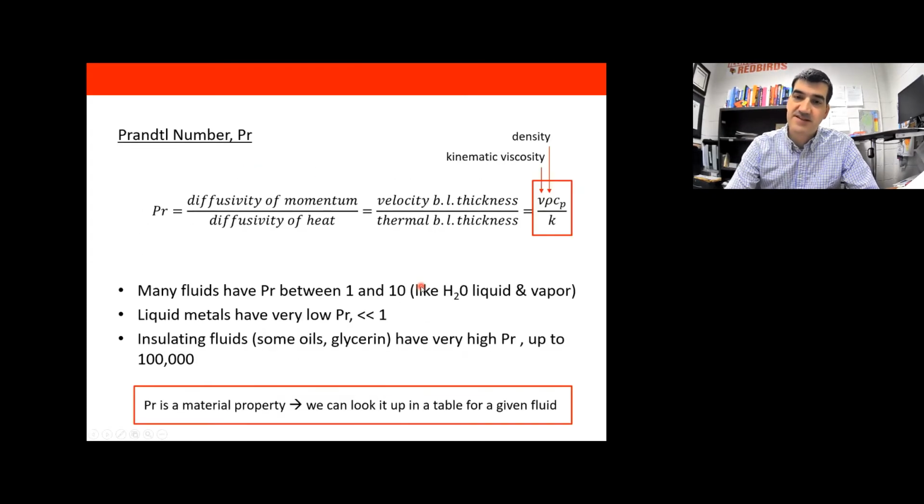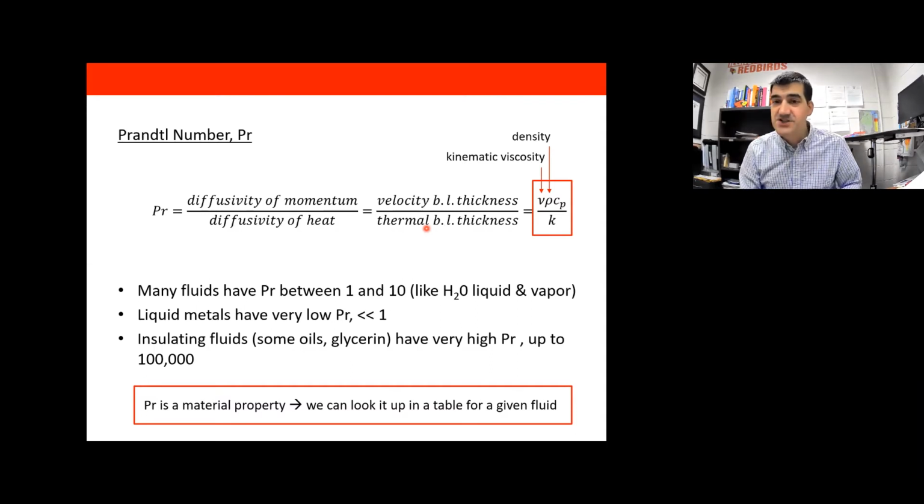What that means is that if I plugged in these values right here, you would find that all the units cancel out, and you're left with a number, the Prandtl number, that doesn't have any units. So it's just a dimensionless number that we can use to quantify this ratio right here of velocity boundary layer thickness to the thermal boundary layer thickness.